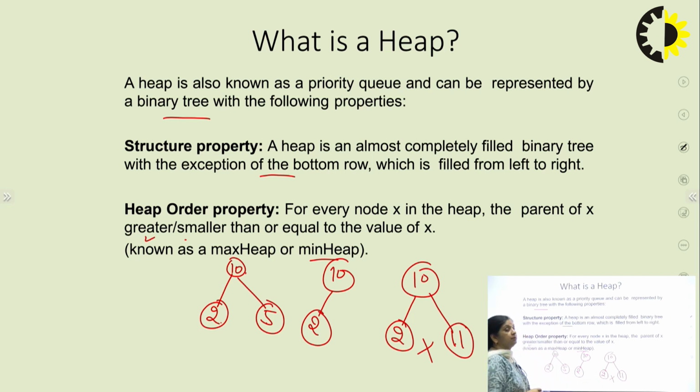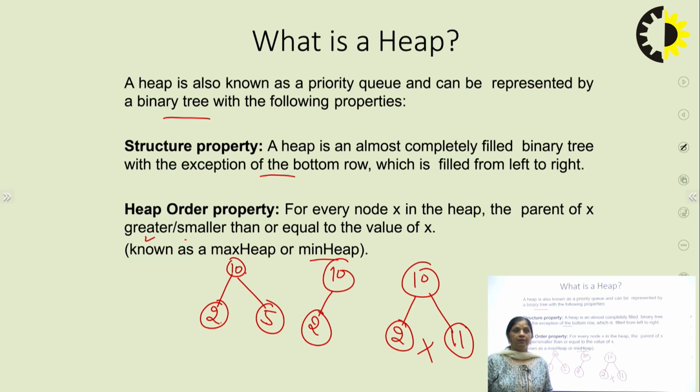So this is heap, which is a complete binary tree, and the value at parent node is greater than or equal to the child node in case of max heap, and less than or equal to in the case of min heap. So in this particular lecture, I will talk about max heaps.